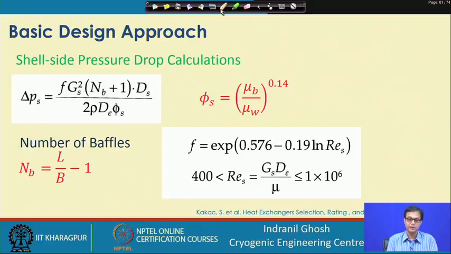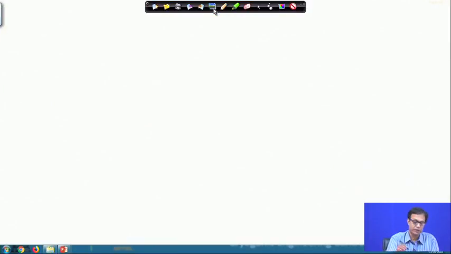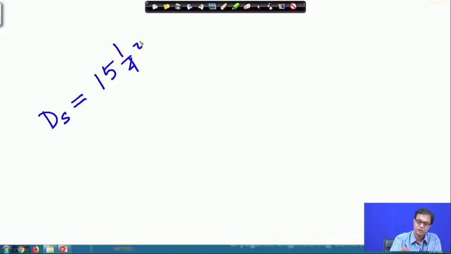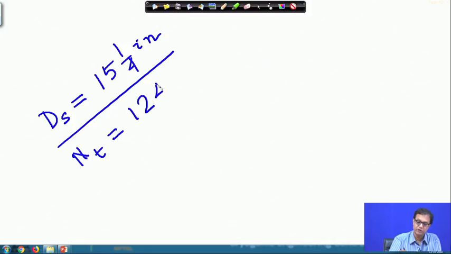Here in this case, since it was optional that we can choose a single or double tube pass, so two tube passes, this is dictated by the TEMA, and you can look into it that this is 15 1/4 inch diameter D_s, and the number of tubes now according to this is 124. So, this is more than 117.